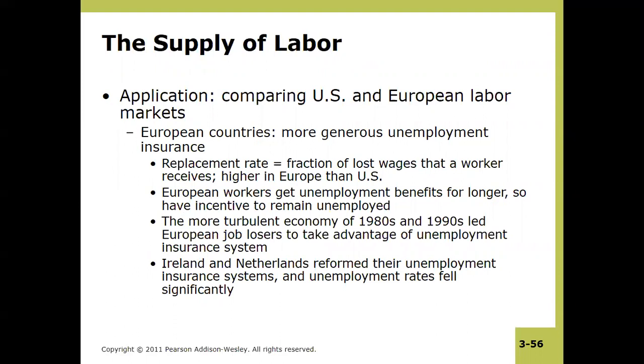European workers get unemployment benefits for longer, so they have an incentive to remain unemployed. The more turbulent economy of the 80s and 90s led European job losers to take advantage of unemployment insurance. Ireland and the Netherlands reformed their unemployment insurance systems, and the unemployment rate fell significantly.